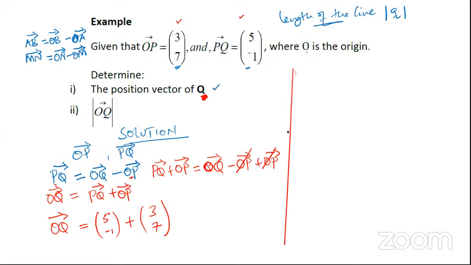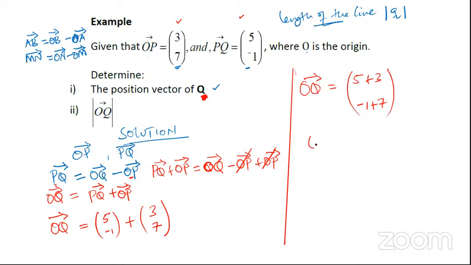Let me draw a line here. So we are continuing. We said our rule for addition is add the x, add the y. So meaning OQ will be equal to 5 plus 3, then minus 1 plus 7.